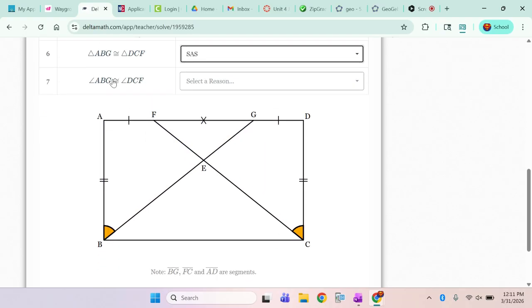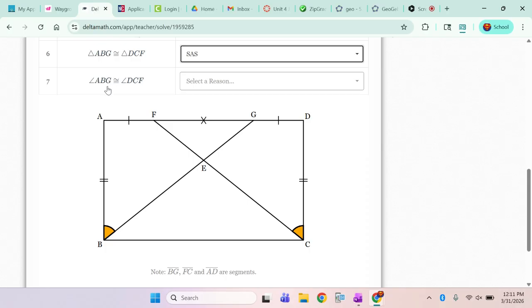So that means these two angles are congruent by what, Abby? So we just proved the triangles are congruent. So why can these angles be congruent? Aren't they part of the congruent triangles?